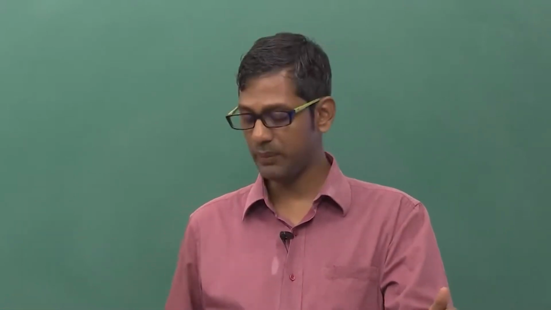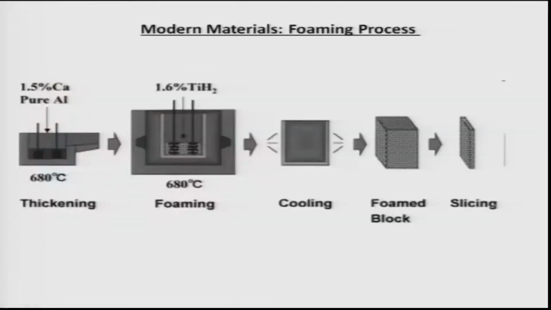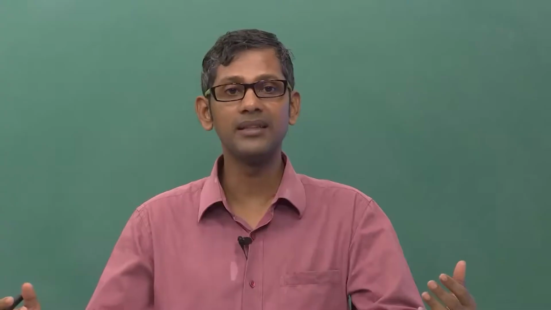This is shown as aluminum foam. You can have aluminum melt with a little bit of calcium, and then calcium stabilizes the foam. Basically, foam is nothing but when you put soap into a bucket and start stirring it, you will generate foam. But something else stabilizes these foams.